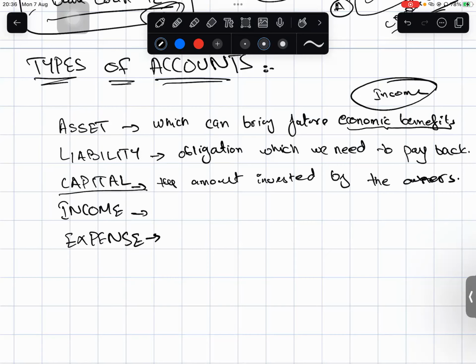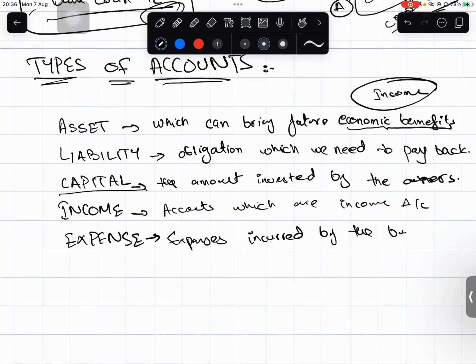Then, once these accounts are done, you have some accounts which will fall in the category of income accounts. Income accounts are very self-explanatory. And expenditure accounts are accounts which will include expenses incurred by the business.